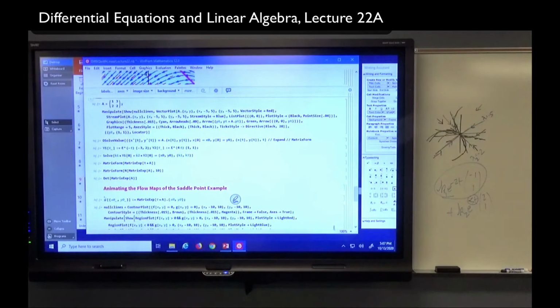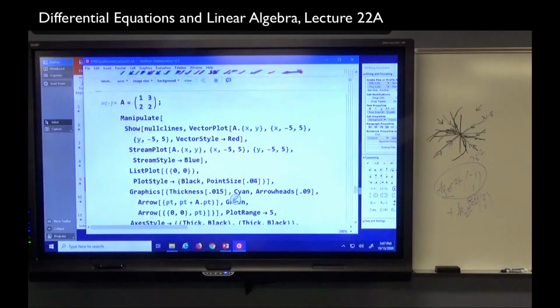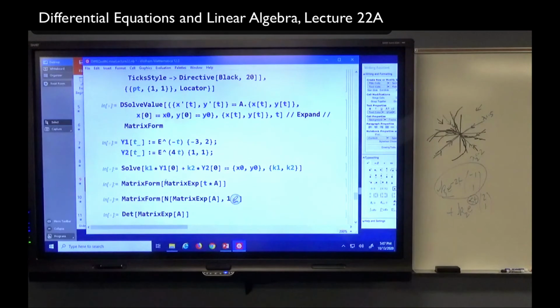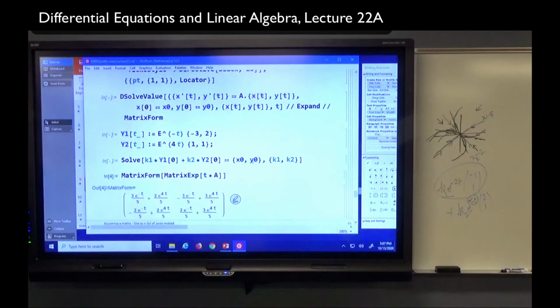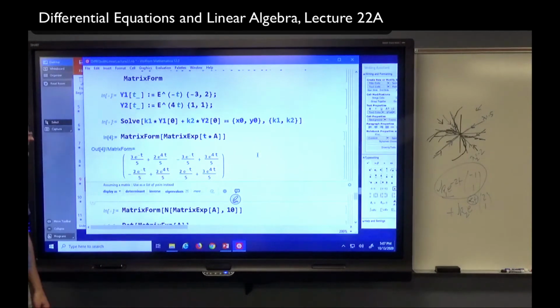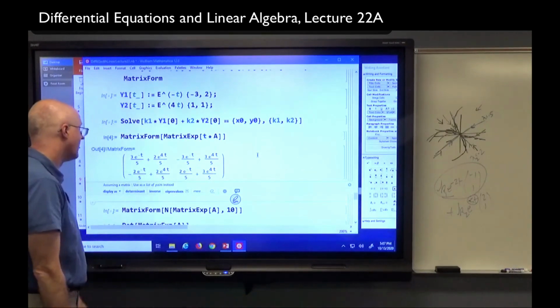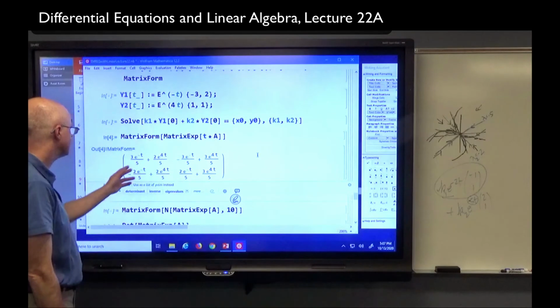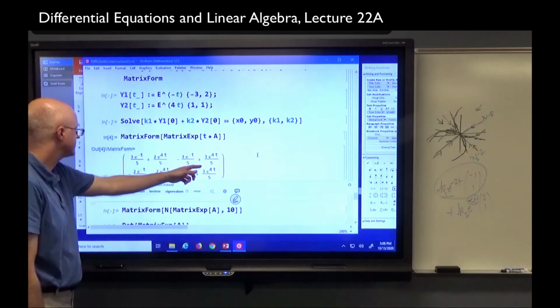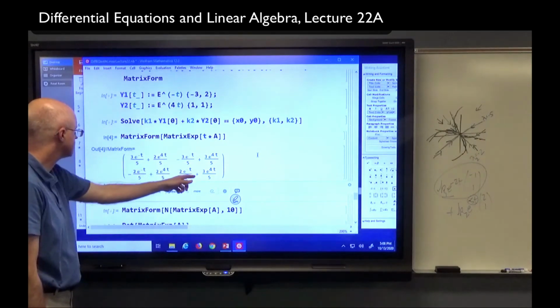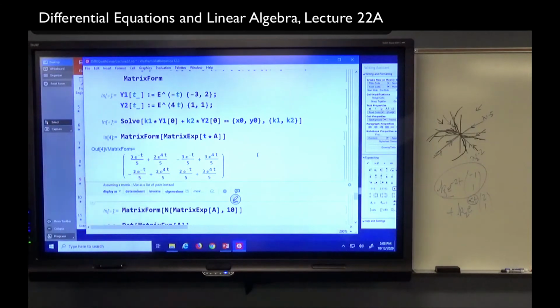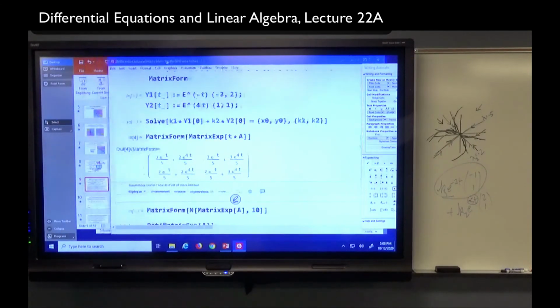Let's look at the matrix exponential here. MatrixExp does matrix exponentials. MatrixForm makes it look like a matrix. Is that the same matrix as before? Looks kind of familiar: 3/5, 2/5, negative 3/5, 3/5, negative 2/5, 2/5, 2/5, 3/5. Let's see. We've got e to the negative t's and e to the 4t's.